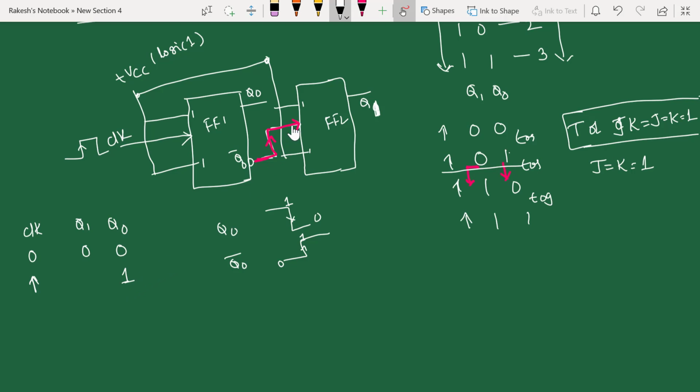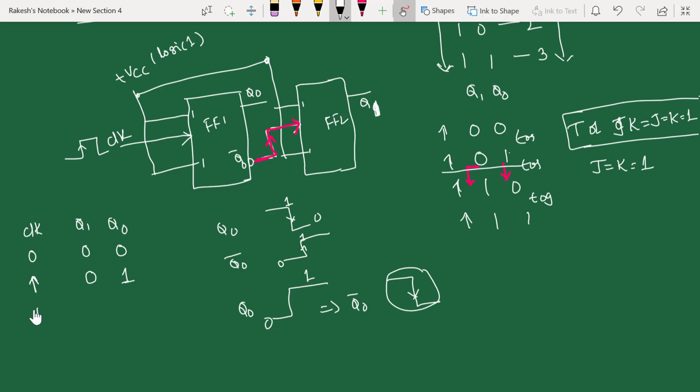But if you look at the second flip-flop, whenever your Q0 moves from 0 to 1, your Q0 bar will move from 1 to 0. Whenever it moves from 1 to 0, your second flip-flop will not respond because it is a negative clock transition. As a result, it will stay in the same state, that is the 0 state.